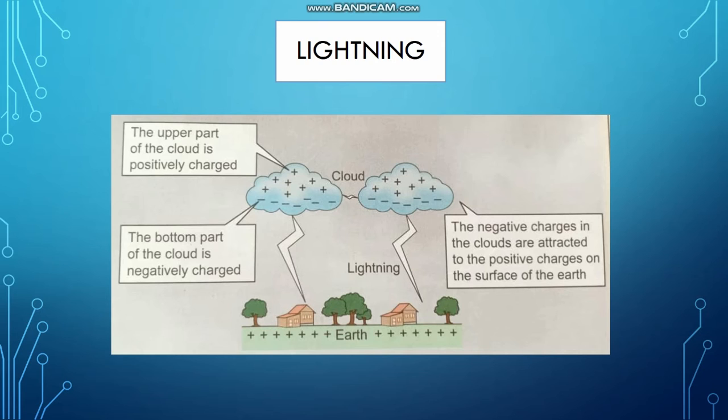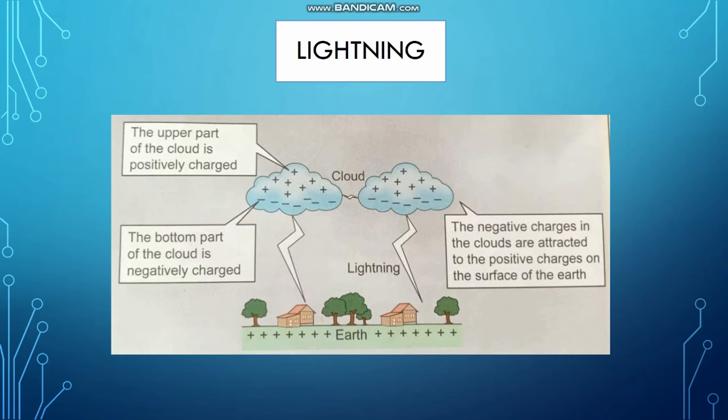This is because the electrons at the bottom of the cloud repel each other until they are finally discharged, which forms lightning. This is why most buildings have a lightning conductor, which is used to protect the building from being struck by lightning.